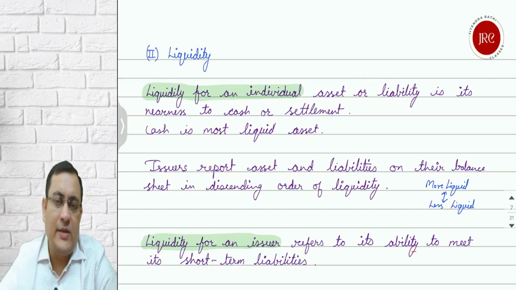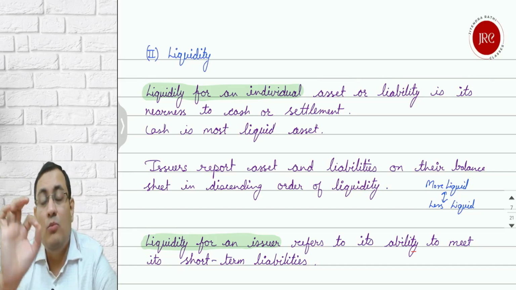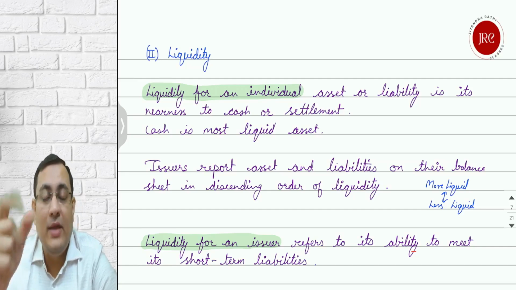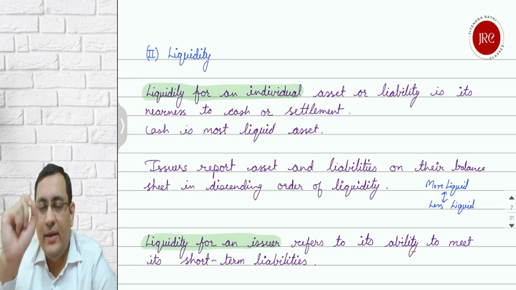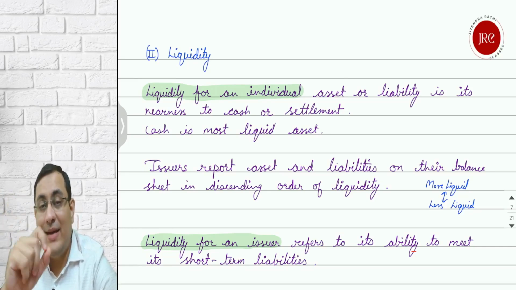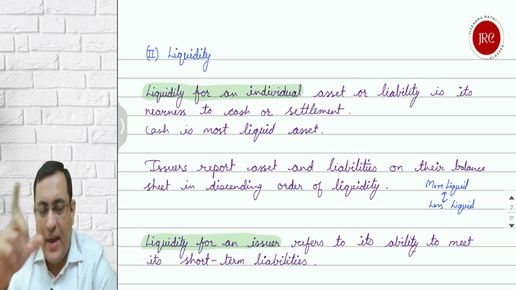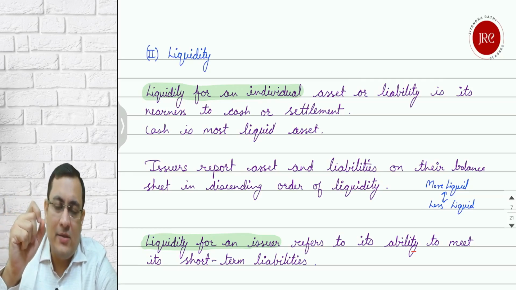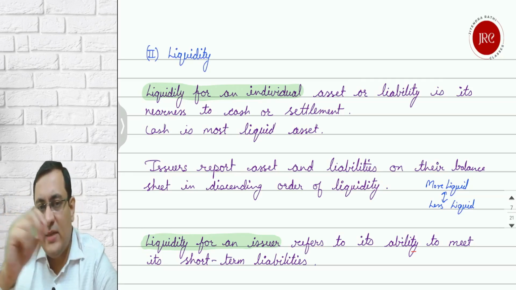From the liability standpoint, the most liquid liability, which you will be required to settle very quickly, is your liability towards your purchases. That is your creditors for purchases, due to suppliers, because suppliers have given you, let's say, 2 months credit.